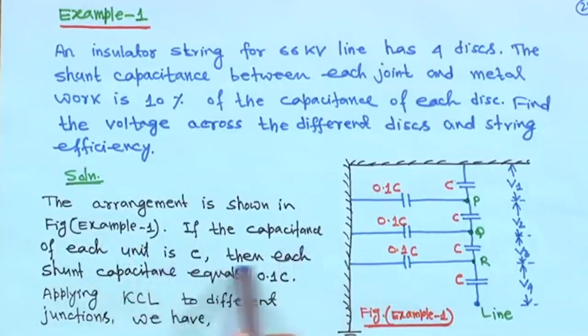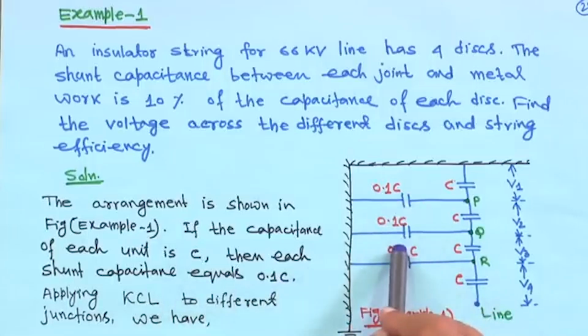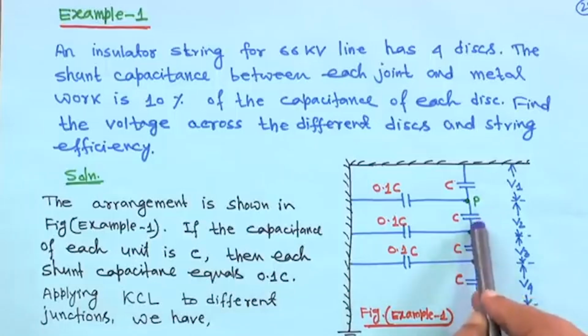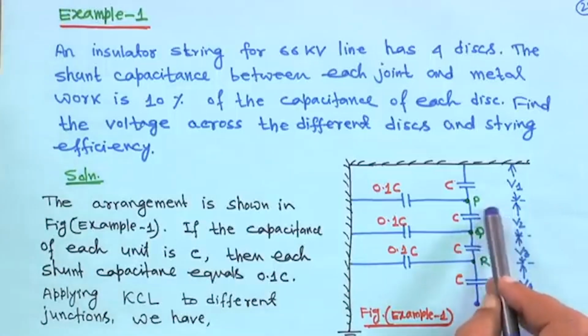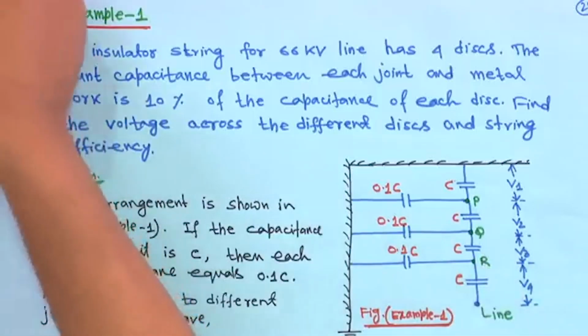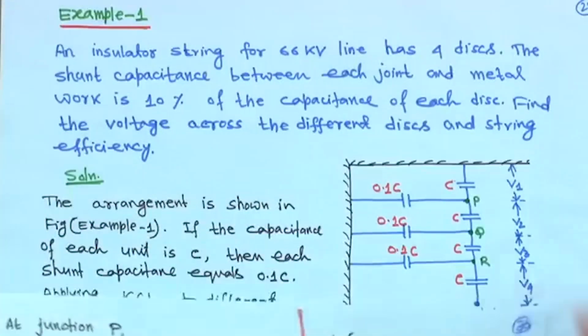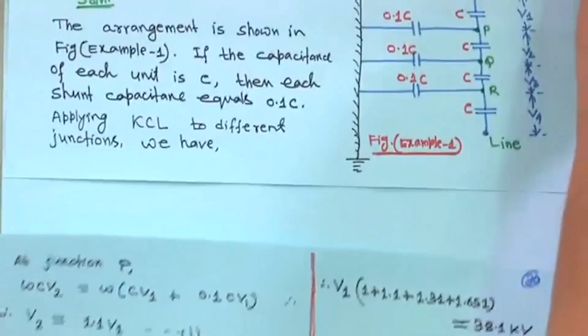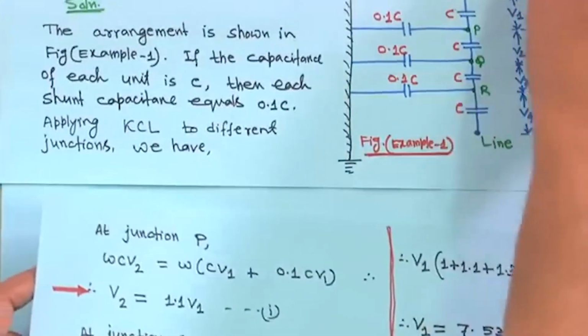If the capacitance of each unit is C, then each shunt capacitance is equal to 0.1 C. Applying KCL to different junctions, you have to apply the KCL equation. See, this is P, this is Q and this is R, these 3 points are taken. Look at this.